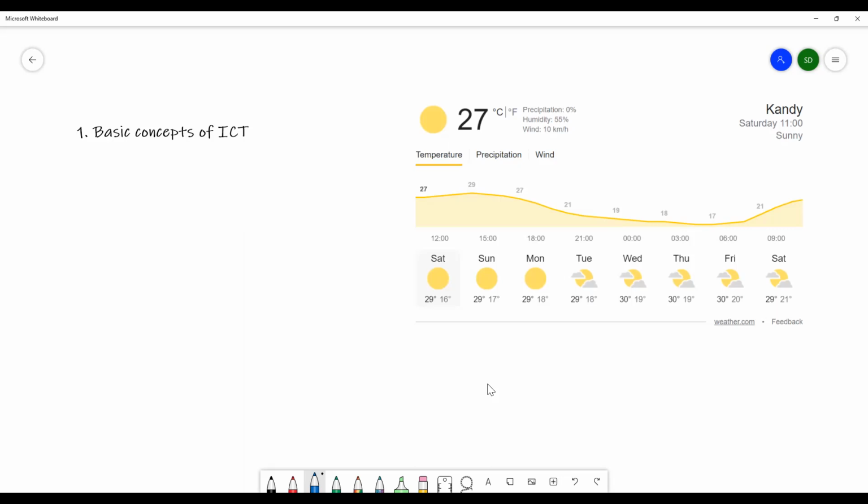How about the farmers? Movinia, what do you think? Is this helpful for the farmers? Yes. Why? Because they can get to know when it's raining. Exactly. Now sometimes they have crops, right?